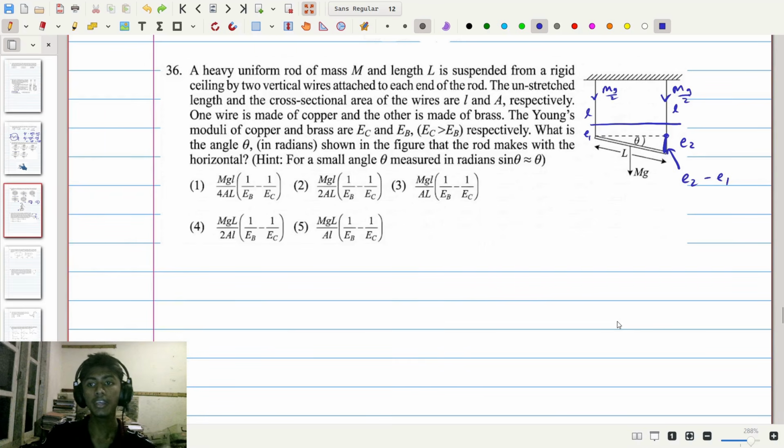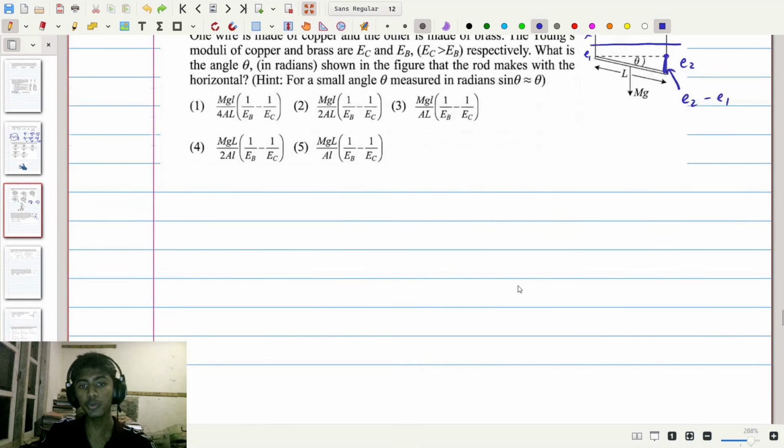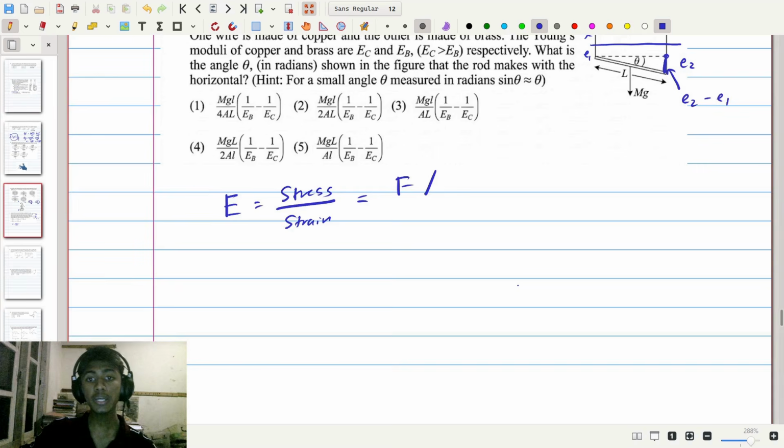Now given this, in order to find E2 and E1, what we can do is to apply the Young's modulus equation. It says that the Young's modulus E is equal to stress divided by strain, where the stress is equal to the force per unit cross-sectional area and strain is equal to extension per unit natural length.